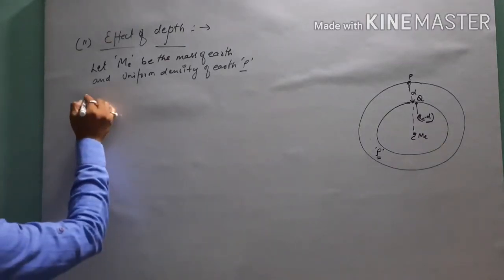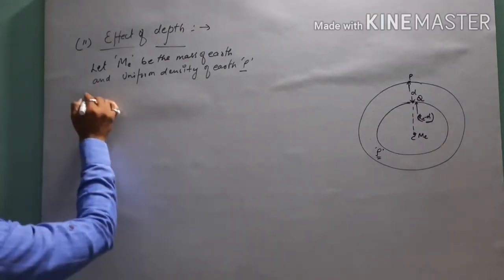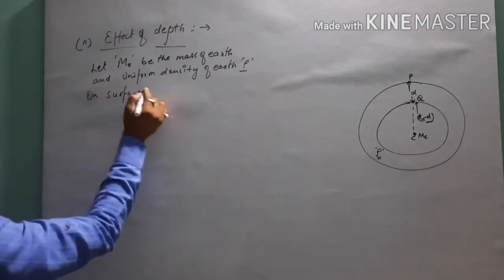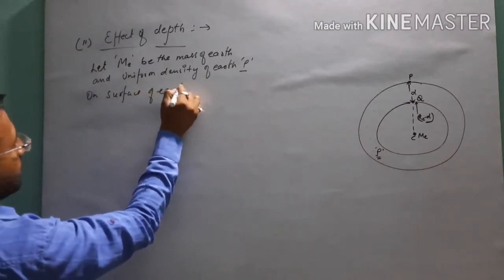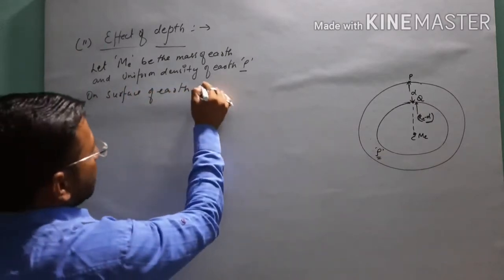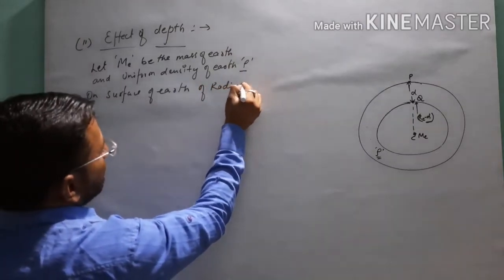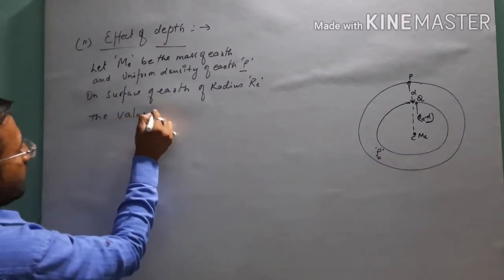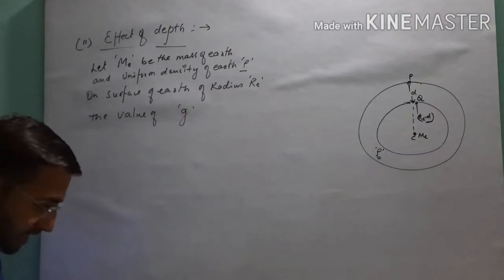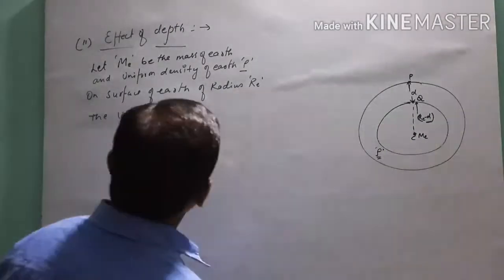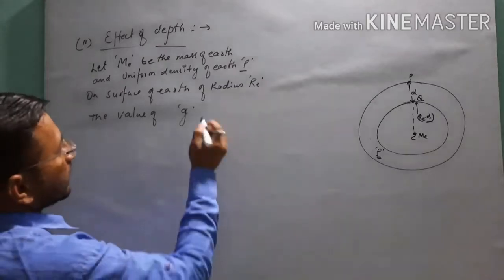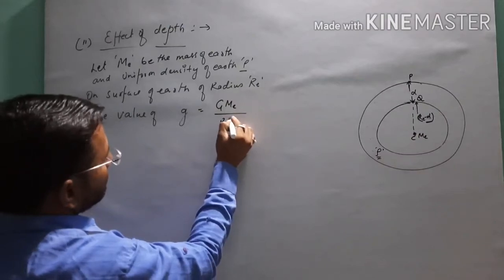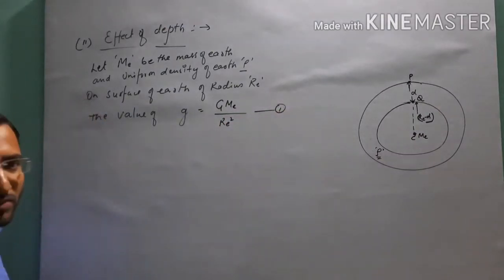After that, on the surface of earth of radius Re, the value of small g, which is called acceleration due to gravity, is equal to G Me by Re square. Point clear? This is very common for you.